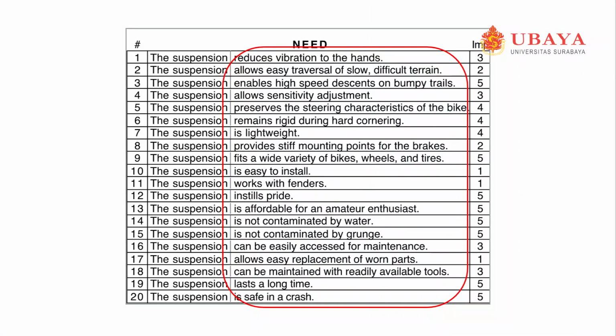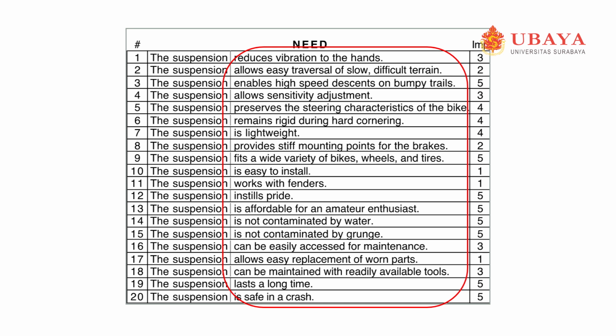So what are the needs for the suspension fork? Wow, we have a list of 20 customer needs. One example is that the suspension reduces vibration to the hand. Why is this very important? When you ride a bicycle, you hold the bar using your hands, right? So to make it comfortable, we try to reduce the vibrations, because vibration is not good for your health.